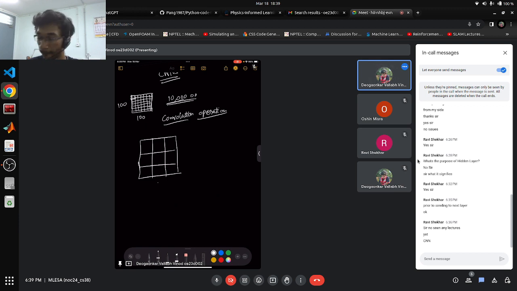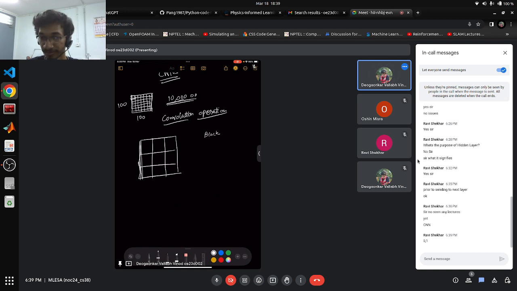For now let's consider a grayscale image, which means there are no colors, only black and white, 0 or 1. So it's only in one dimension and there are only 0s and 1s.